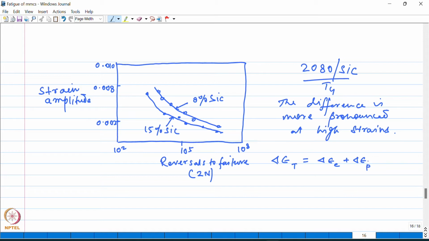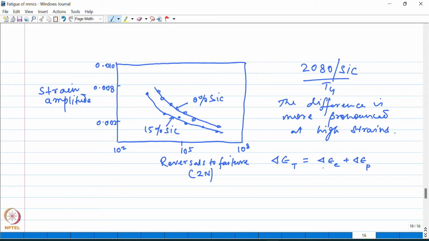Okay. So now, due to the higher elastic modulus and lower proportional limit of the composite, the elastic strains are much lower in the composite compared to that in the unreinforced matrix material.